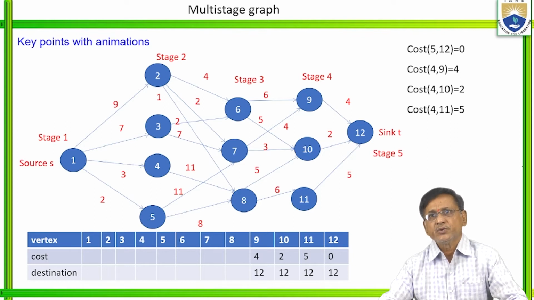One is 6 to 9, another one is 6 to 10. So we have to find out the cost in both the paths and we have to select the minimum one.